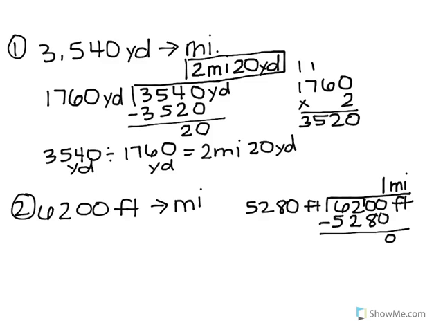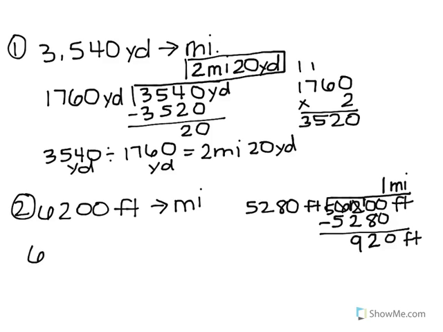I borrow. That becomes 1. That becomes 5. That becomes 11. And 11 minus 2 is 9. And then 10 minus 8 is 2. 920. So, I know that sounds weird, but it's 1 mile. And I'm going to put feet here, and then I'll just write it out because I'm getting close to the edge.